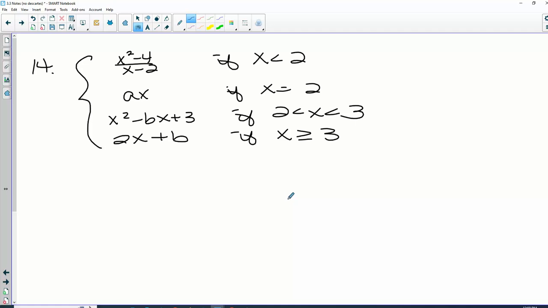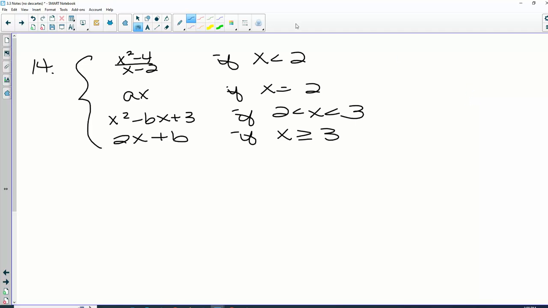Okay, so if this is continuous, that means all of these pieces have to match, right? So, different places to start. Let's start, do you want to find a or b first?